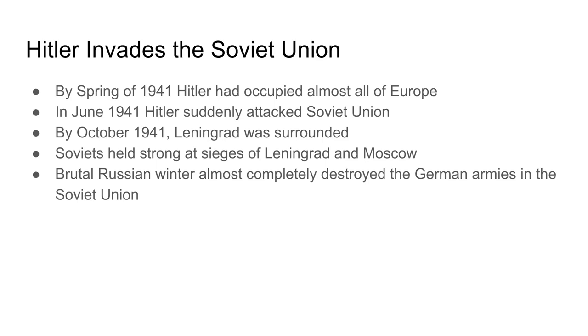The Soviets were besieged in Leningrad, and they were on the verge of being besieged in Moscow. The German army had pushed all the way up to these major cities. Unfortunately, or fortunately, I guess, they were then hit by the brutal Russian winter, which had previously decimated Napoleon's army, and it almost completely wipes out the German army, because the German army had launched this attack in the summer.